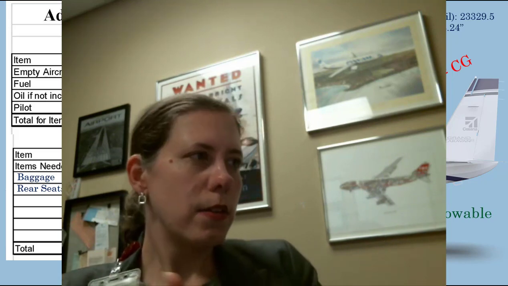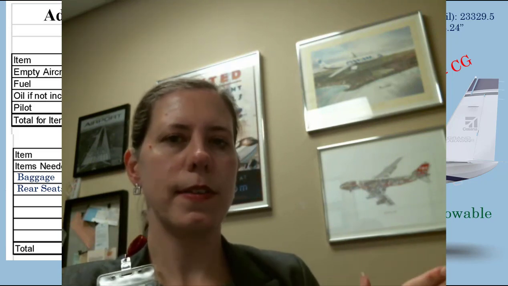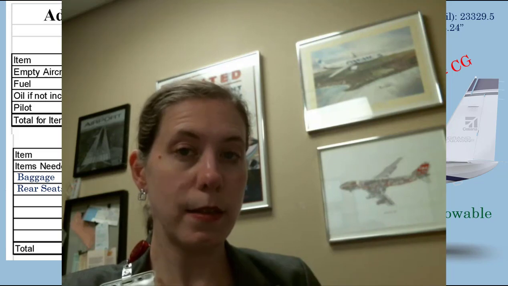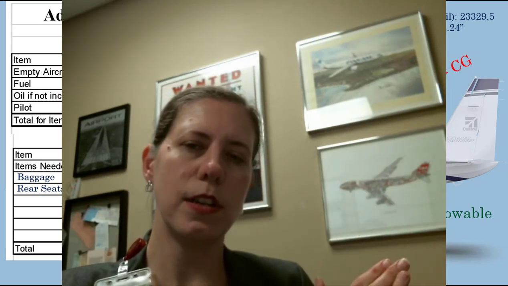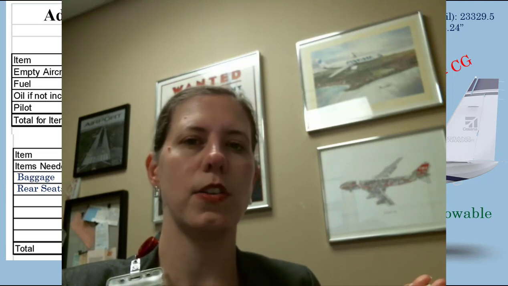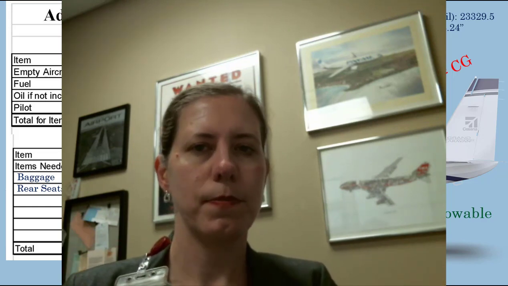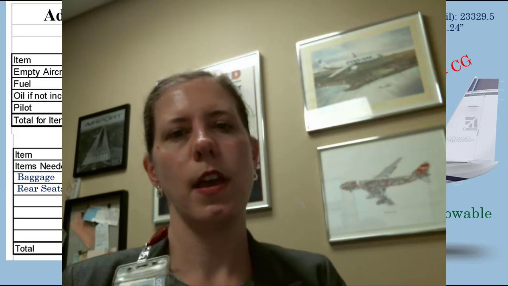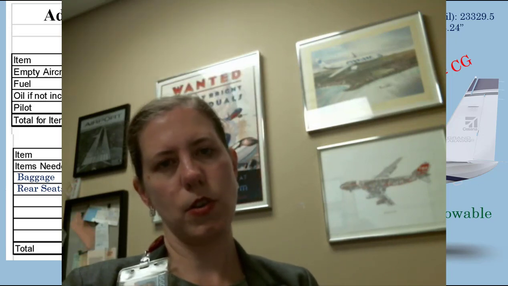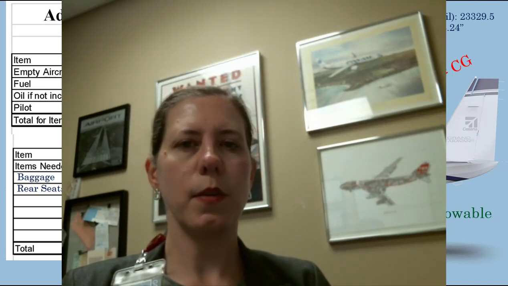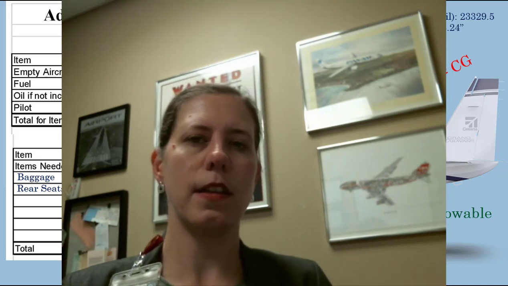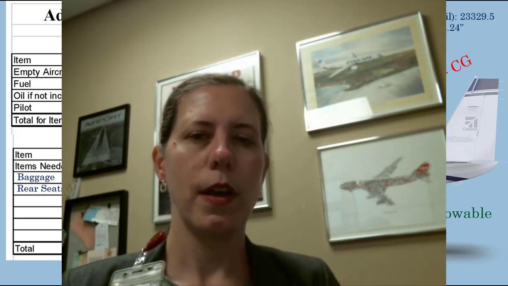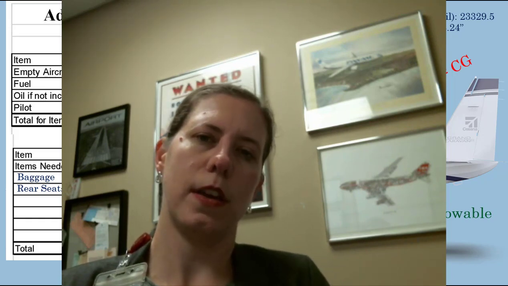If we do the calculation and it is possible to go too far forward of our CG limit in a certain loading configuration or too far aft in a certain loading configuration, then the maintenance technician is going to install a placard so that the pilot has warning that the aircraft can be loaded outside the center of gravity envelope with these theoretical calculations.